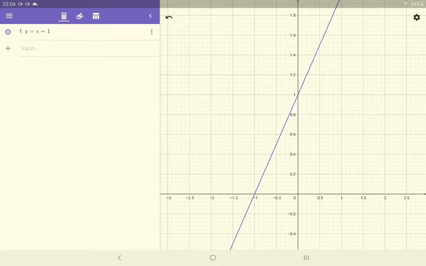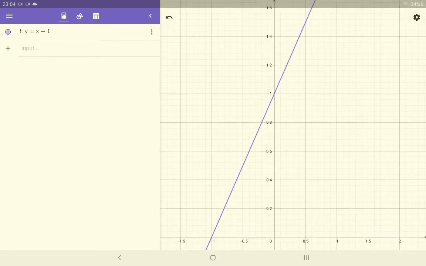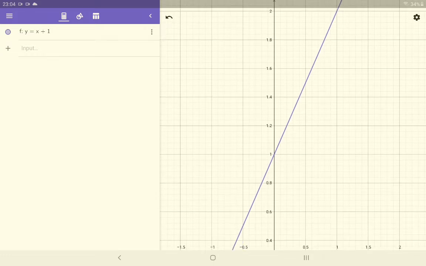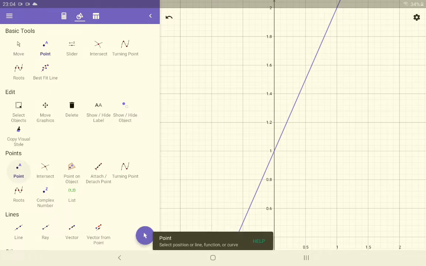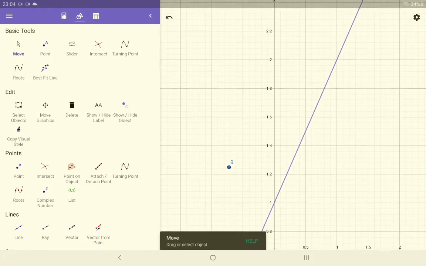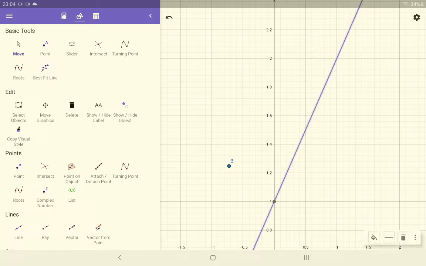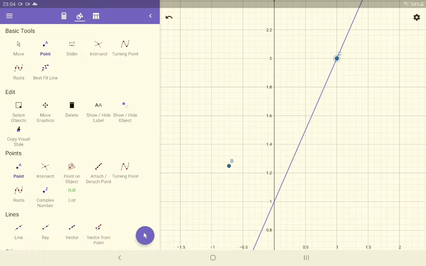You can see, here is my 1 and here is my 2. You can see this point of intersection.